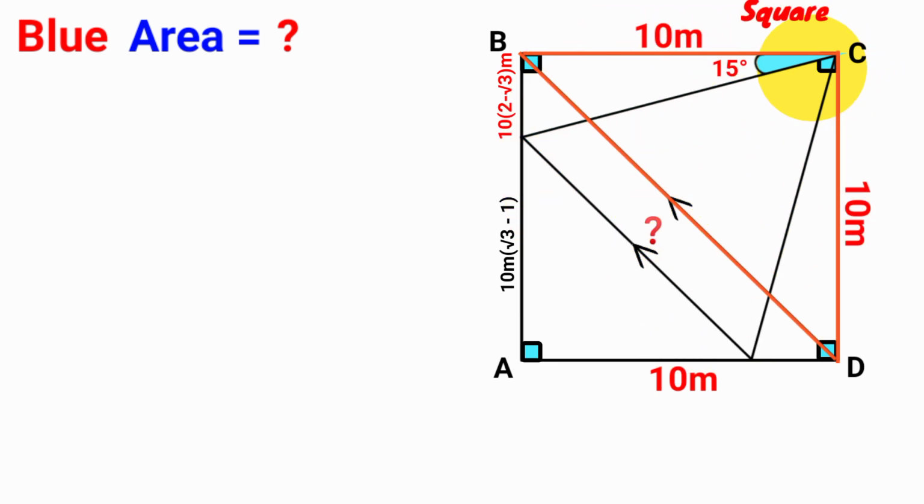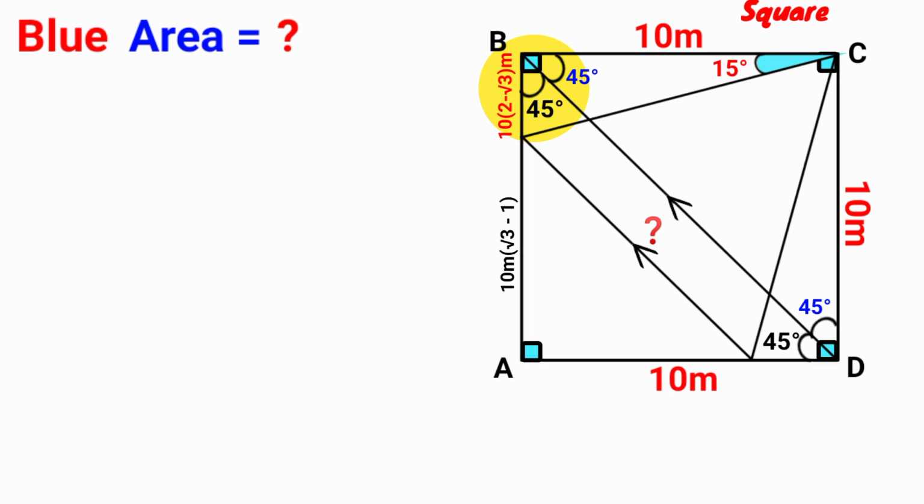So since this angle is 90 degrees, this and this must be 45 degrees. Recall, this whole angle ADC is a right angle. So since this is 45 degrees, this must be 90 degrees minus 45 degrees, which is 45 degrees. The same is here. Since this is 45 degrees, this must be 90 degrees minus 45 degrees, which is 45 degrees.